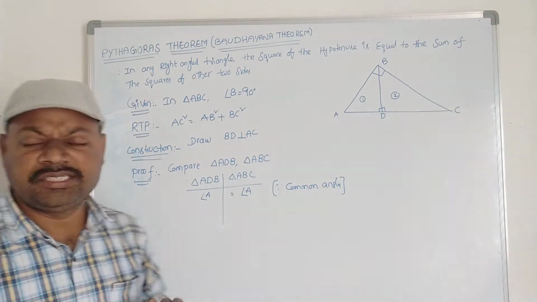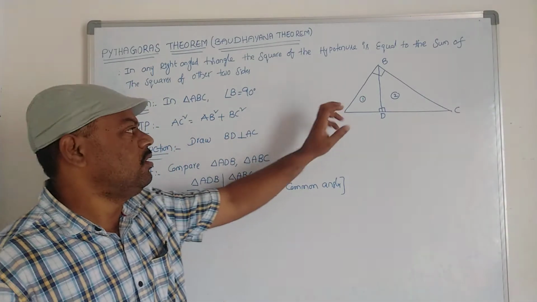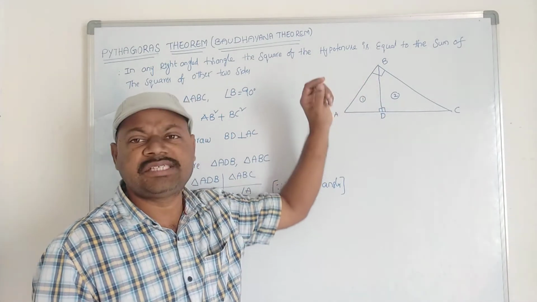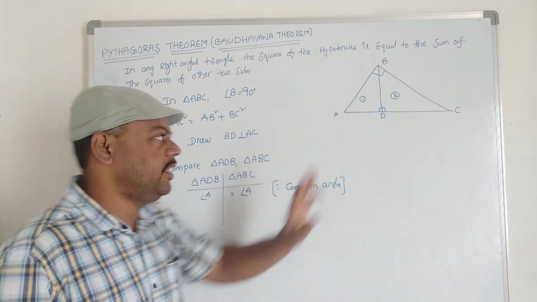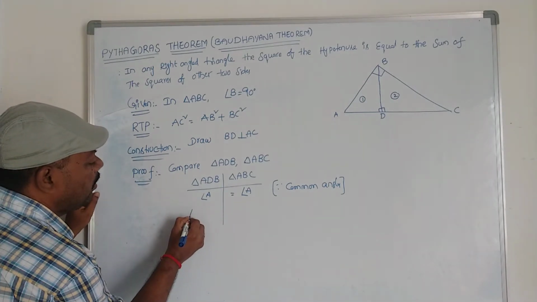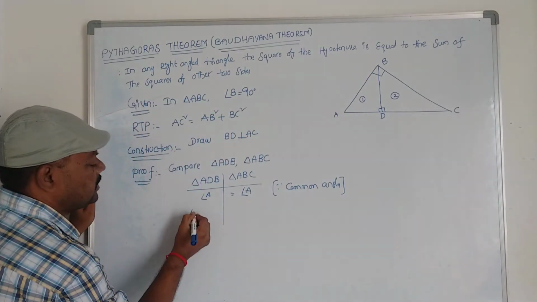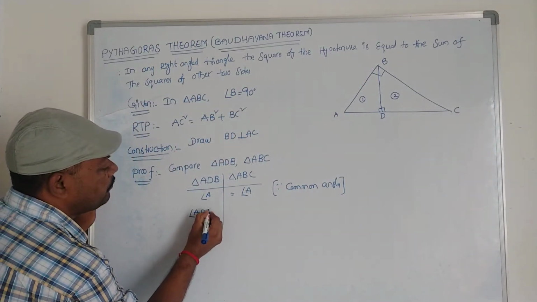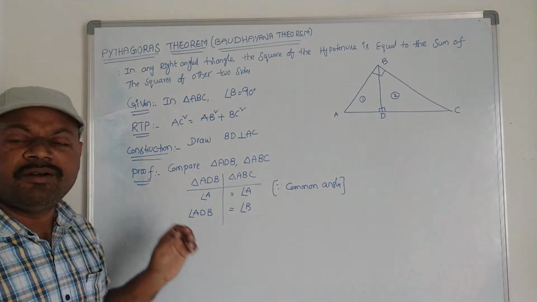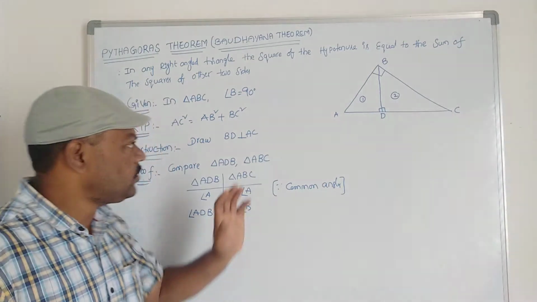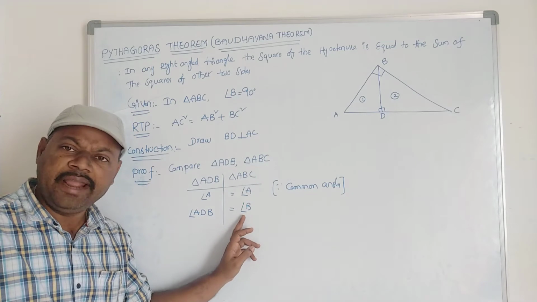Next, select the right angles. In the whole triangle, angle B is the right angle. In the small triangle, angle D is the right angle. It can be expressed as angle ADB equals angle ABC, since in the small triangle angle D is 90 and in the whole triangle angle B is 90.